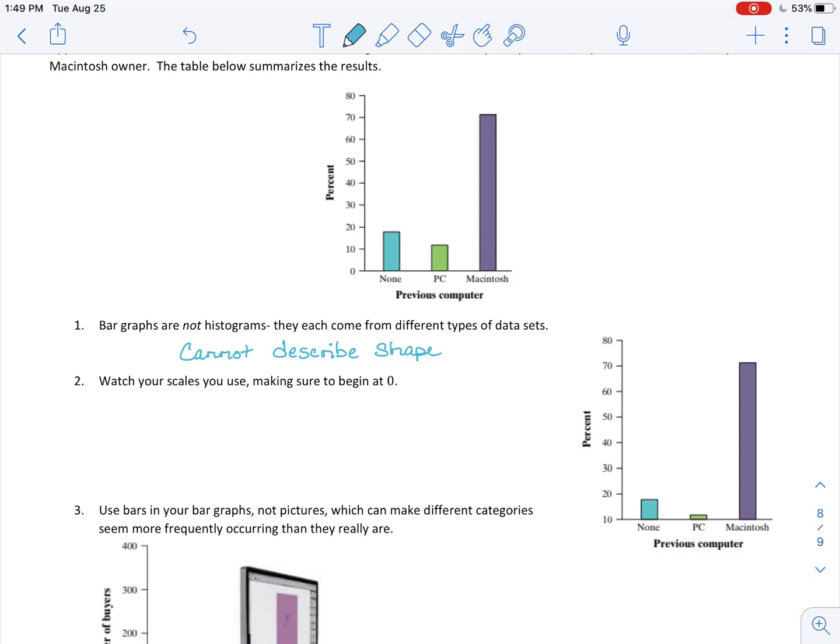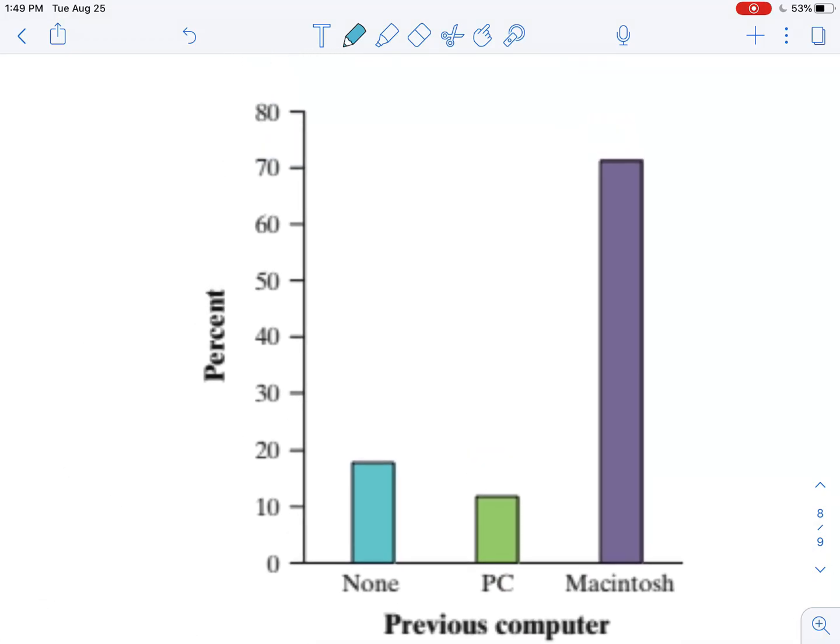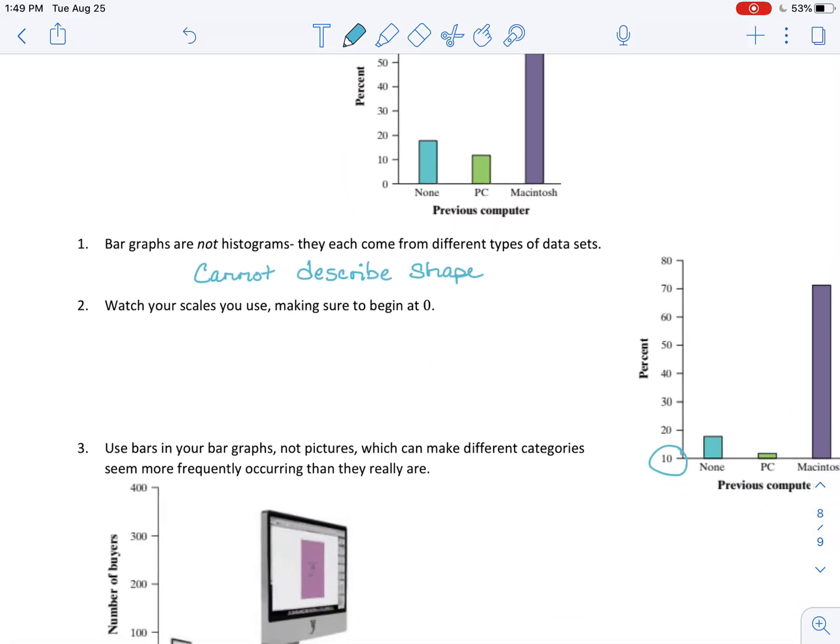Watch your scales. I already kind of pointed out to make sure you start at 0. So if you look at this new bar graph, it's the same exact data set, but suddenly it's like, wow, these people buying this are not PC users. They're mostly already Mac users. Until you pay attention to this. That tiny little green bar is actually, if you look here, a decent chunk of their customer base.